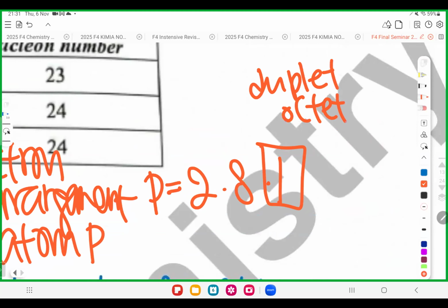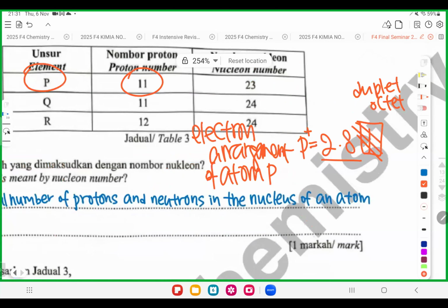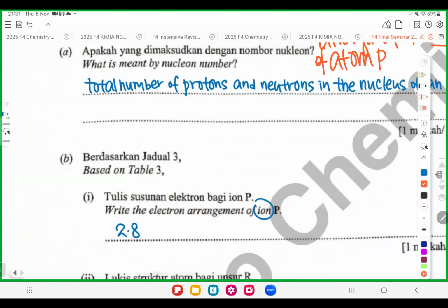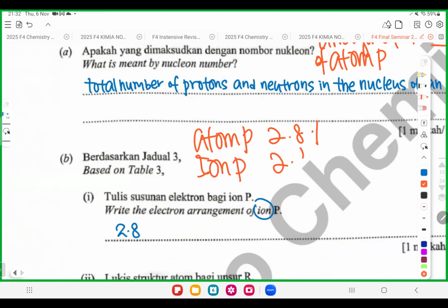So what you need to do to be stable? Donate electron. You donate one valence electron to be stable. When you donate one electron, you become ion P plus. So what is the electron arrangement for the ion? 2,8. So you see a difference or not? If they ask about atom P, it is 2,8,1. If they ask about ion P, it is 2,8.